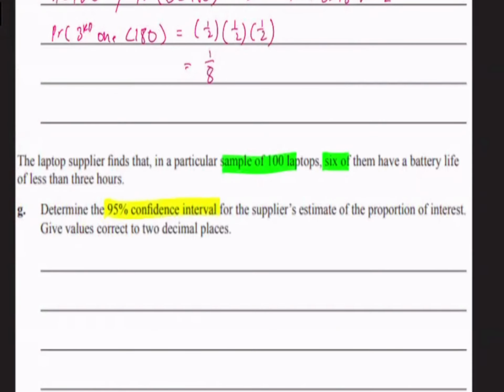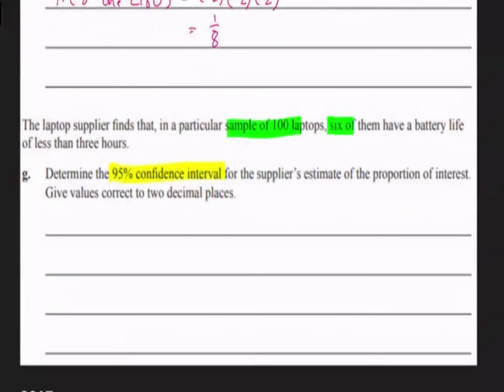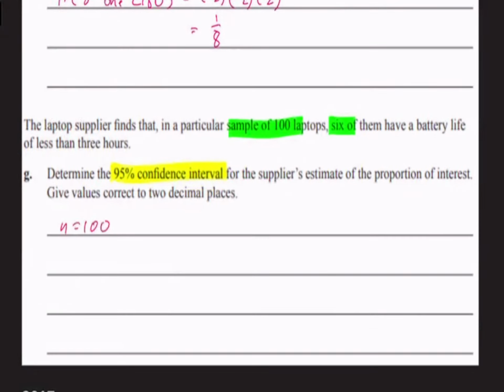So now we're looking at a 95% confidence interval. We know that n is 100, and if 6 of them have a battery life of less than 3 hours in a sample size of 100, that means the proportion is 6 on 100, and we need that because we're talking about the proportion.